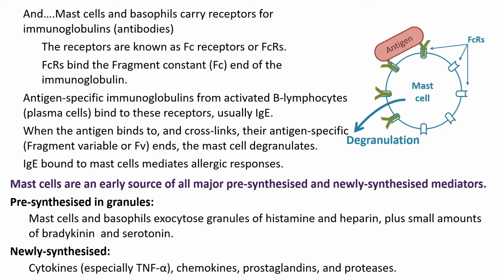Also prostaglandins. Remember, prostaglandins come from the arachidonic acid cascade, from the COX pathway. And proteases. Proteases are enzymes that break down proteins. So mast cells will release this whole cacophony of inflammatory mediators when they've been activated.